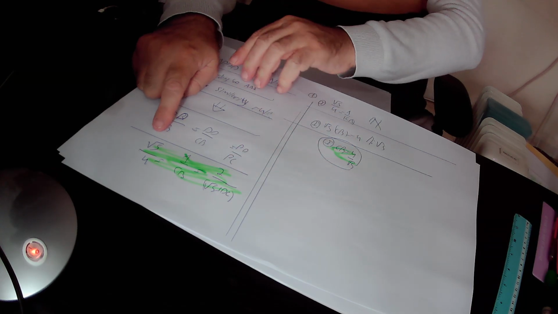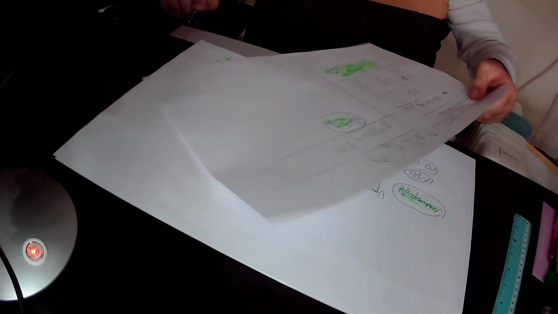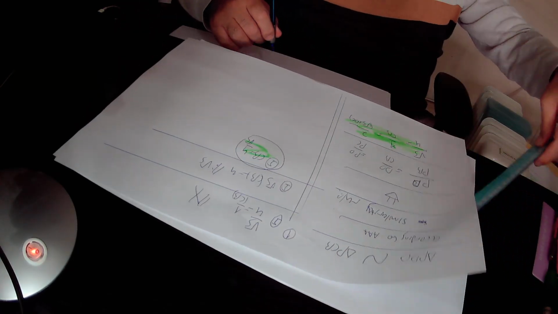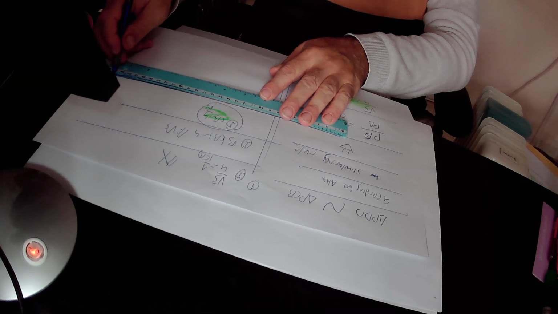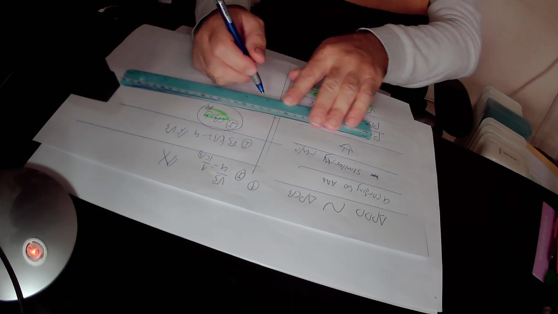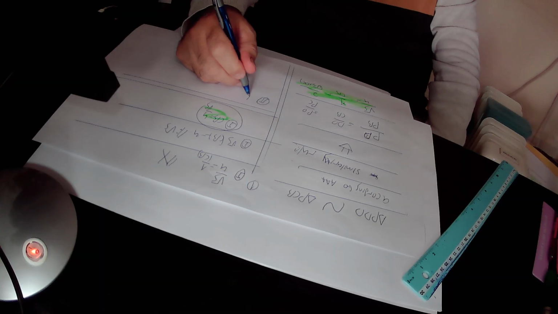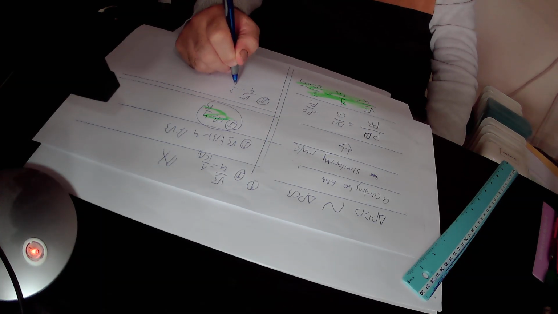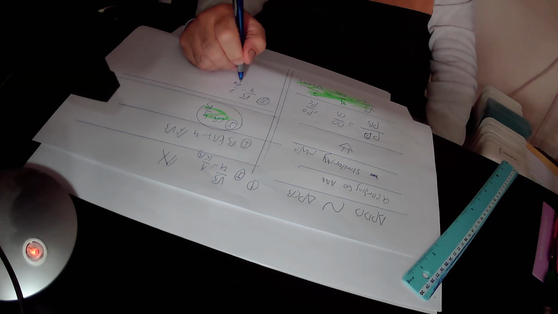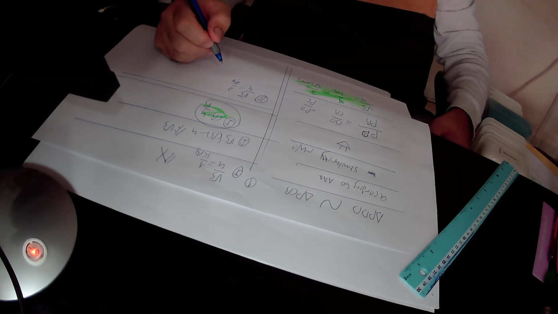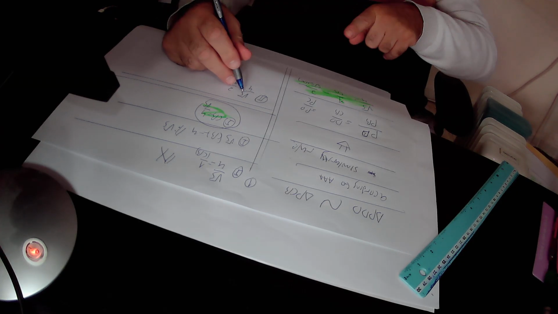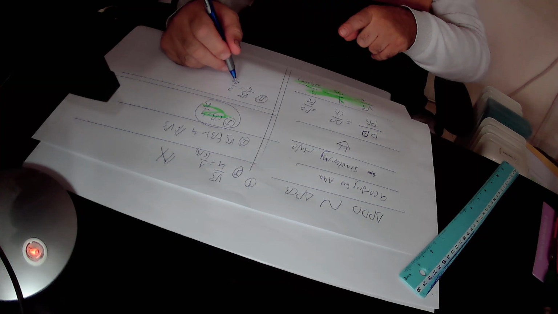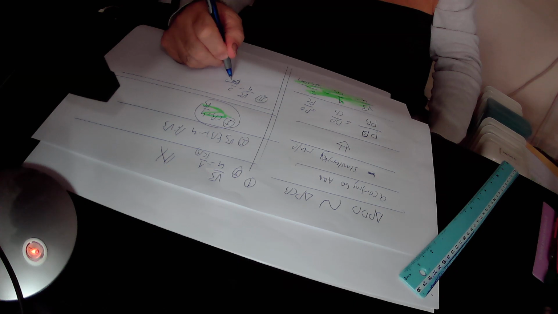So write it down: square root of 5 over 4 equals 2 over square root of 5 plus DC.